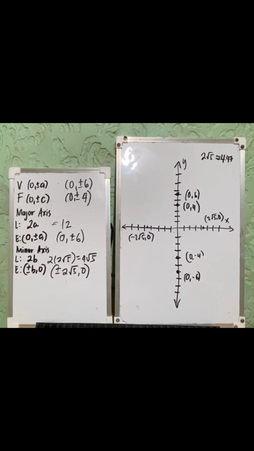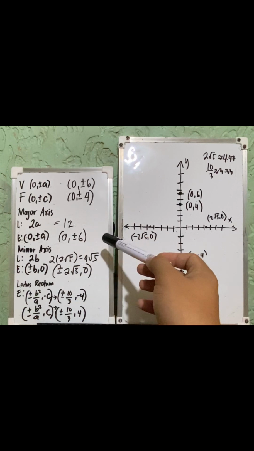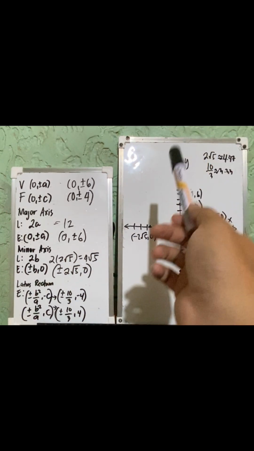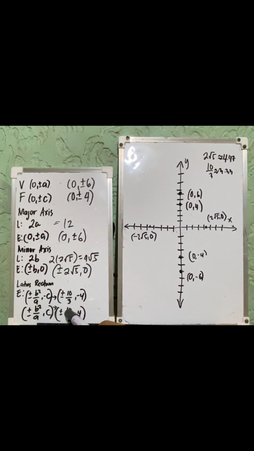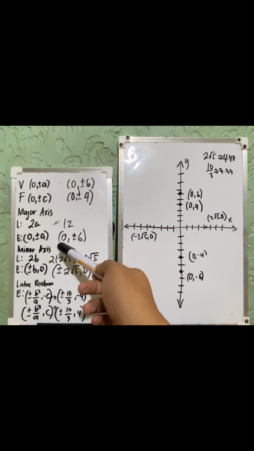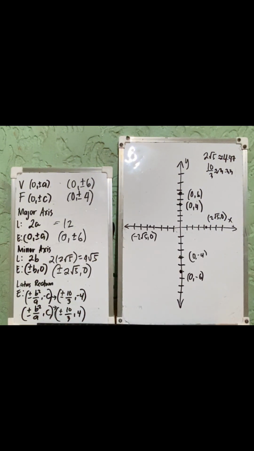We still need the endpoints of the latus rectum to be able to graph this ellipse. We already have these values, but we still need the latus rectum. So I just wrote here the endpoints of the latus rectum: positive or negative b squared over a, negative c, and positive or negative b squared over a, positive c. Your b is 2 square root of 5.